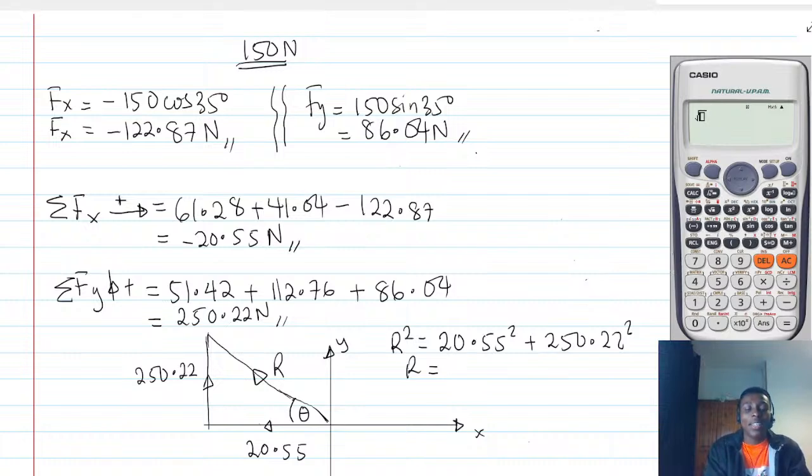So now let's take the square root. What is it? 20.55 squared plus 250.22 squared. I need to square this.